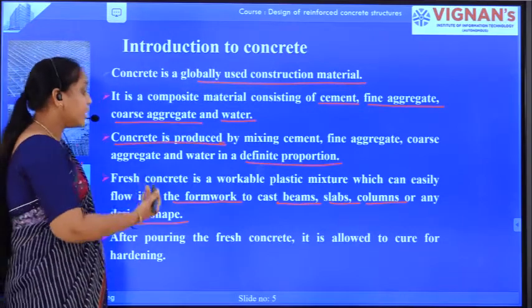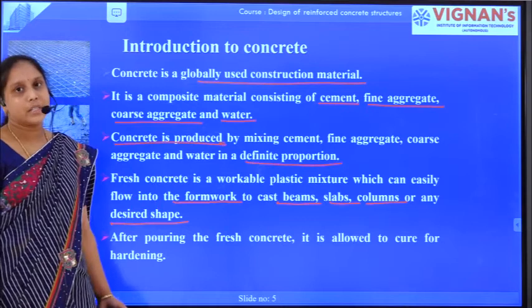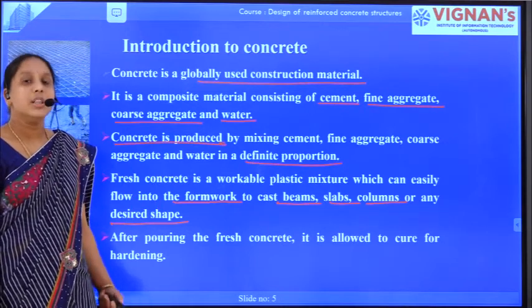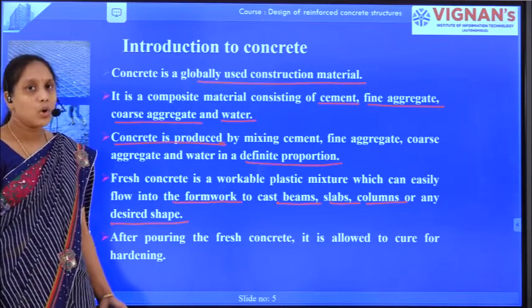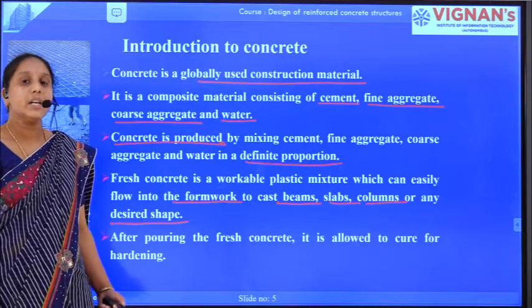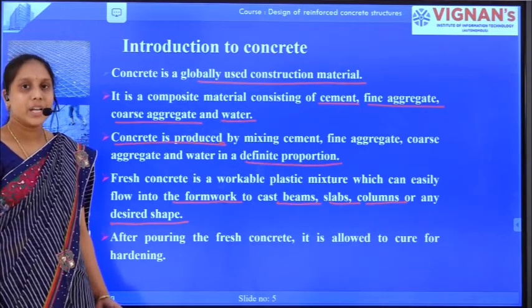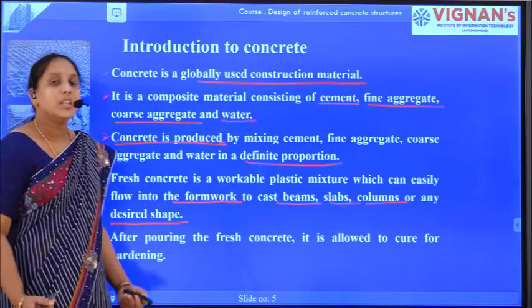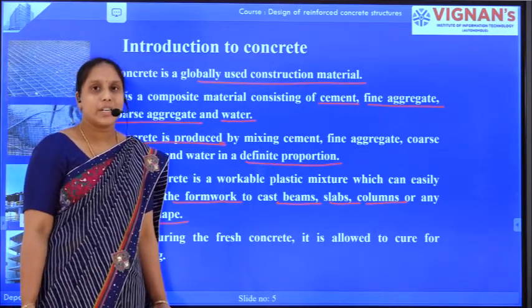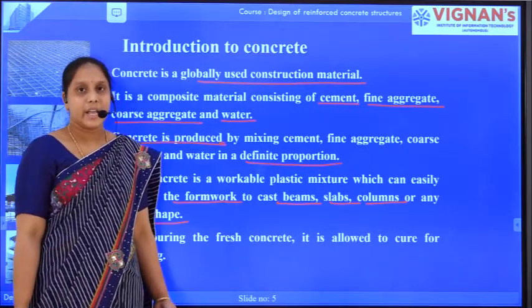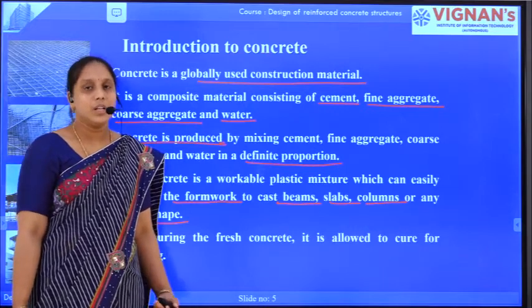After the concrete is poured into the formwork, it is allowed to cure so that it gets sufficiently hardened. The curing period for concrete is generally 28 days to attain its full strength.